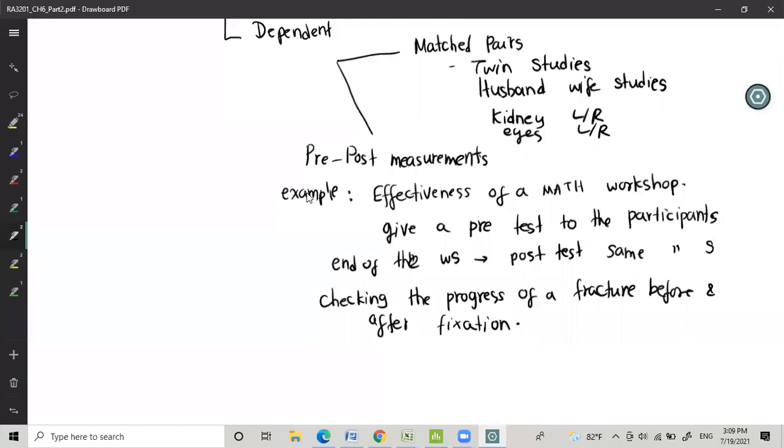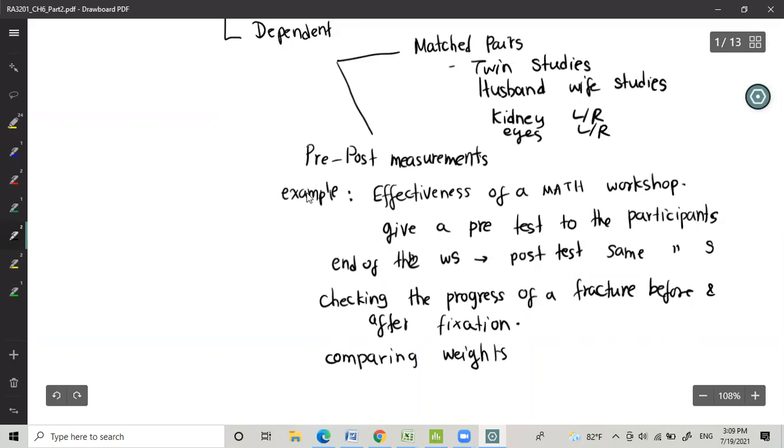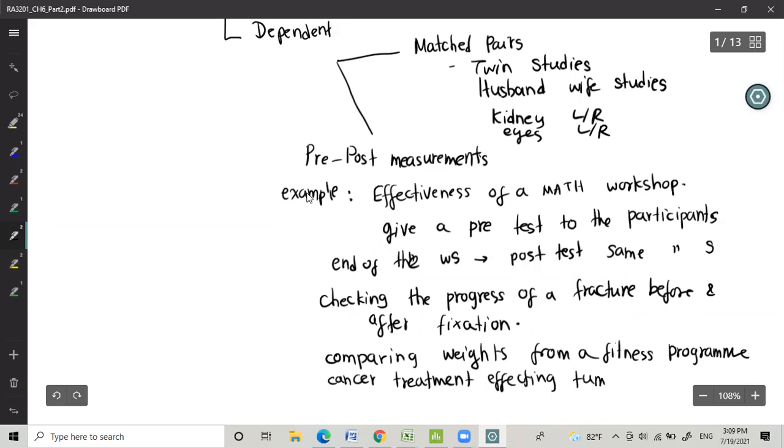So let's write that also, comparing weights from a fitness program. So again, it is a before and after, and then cancer treatment affecting tumor.